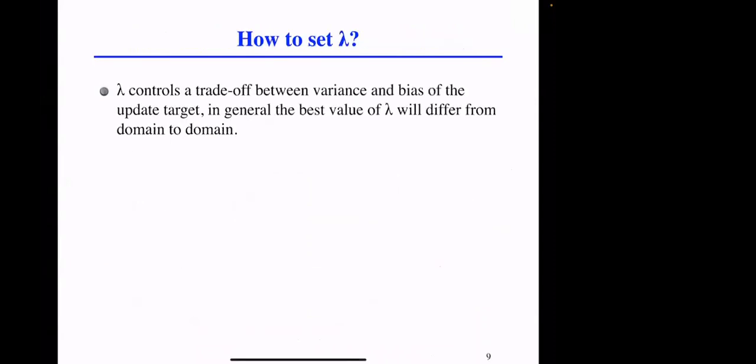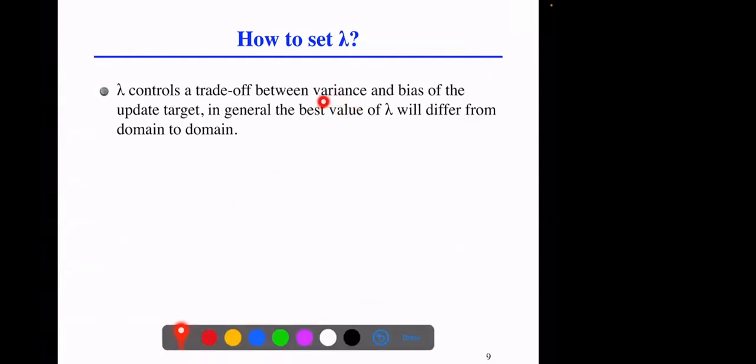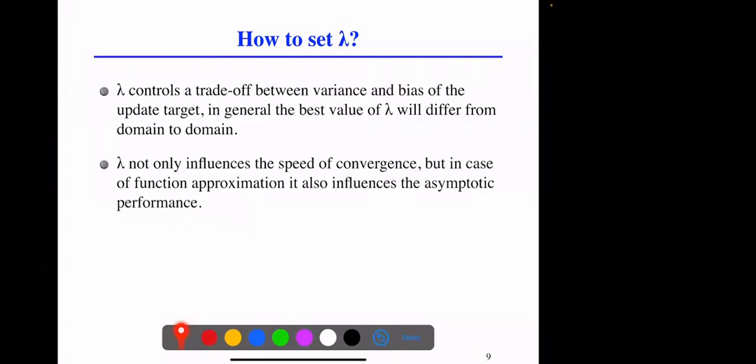And so how to set lambda? This is something we addressed before the break as well. Lambda, just like the value of n, is a trade-off. It balances a trade-off between bias and variance, and it will be different from domain to domain, so you have to tune it per domain. Lambda only influences the speed of convergence in the tabular case.